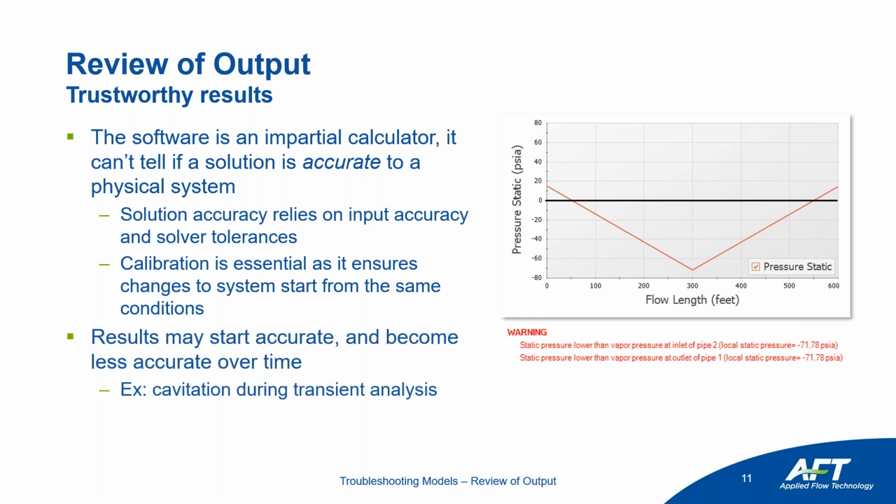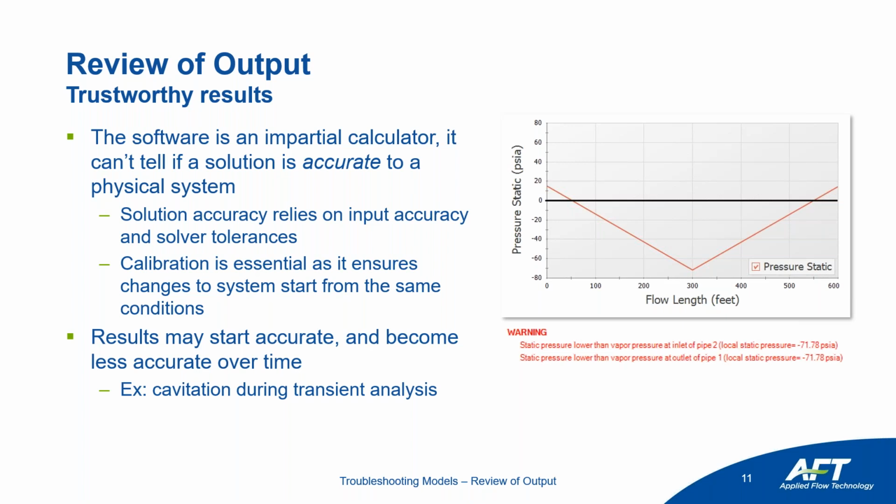Another case, this is more specific to transient analysis, where your results may start accurate and then they can become less accurate over time. This again comes back to the different assumptions that we're making during input. So for example, when you have cavitation during a transient analysis, where cavitation is the formation of a vapor pocket because the fluid pressure drops below the vapor pressure, the fluid vaporizes, creating a vapor pocket.